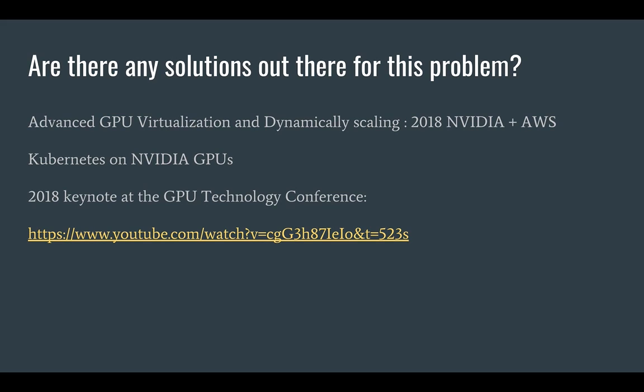Are there any solutions out there for this problem? There is a solution from NVIDIA in 2018. If there is an advanced GPU virtualization, it would be a solution to dynamically scaling. According to developer.nvidia, Kubernetes on NVIDIA GPUs enables enterprises to scale up training and inference deployment to multi-cloud GPU clusters seamlessly.